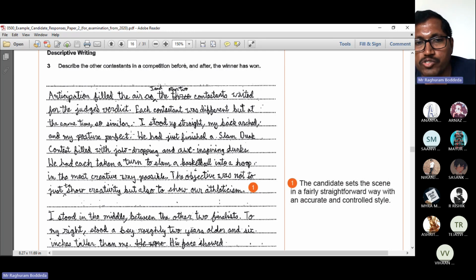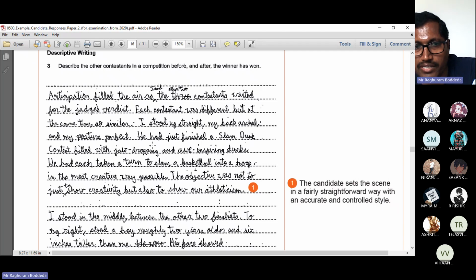I stood up straight and made my back arch, and the posture was perfect. So he is confident enough, eagerly waiting for the result, and described how he stood up straight. That is one element.